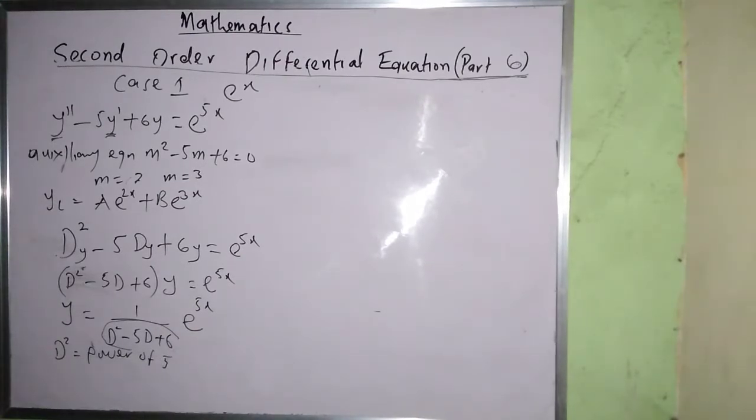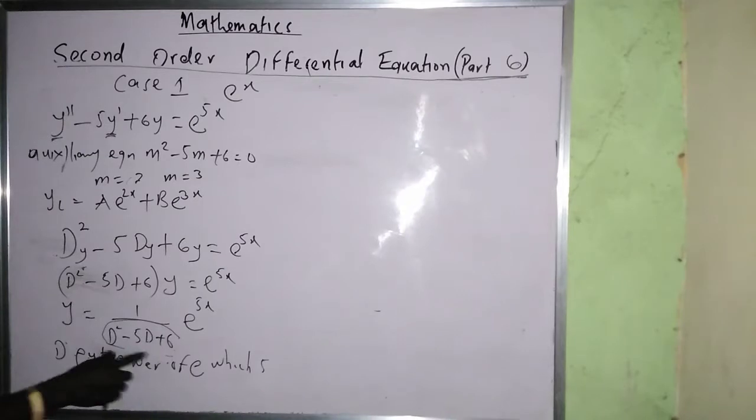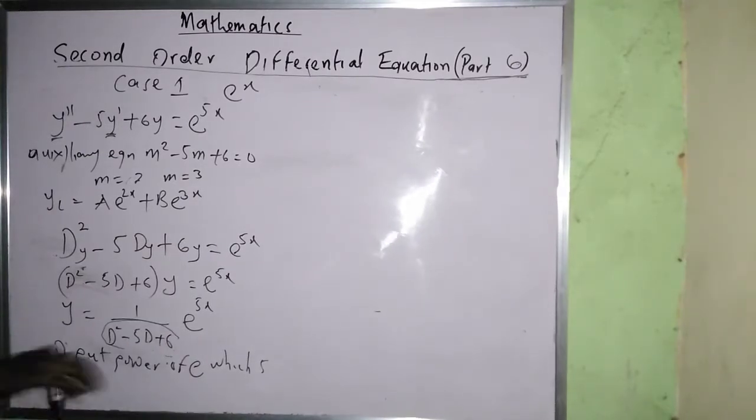When you have this square, just put the value of the power of e, which is 5. If I put it and I have 0, I will differentiate it down and add x here until I do not have 0 again. Please take note of that.